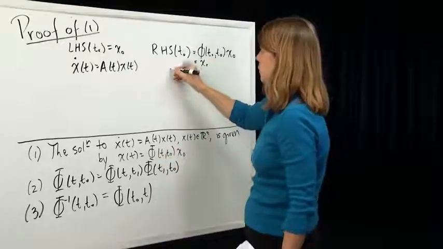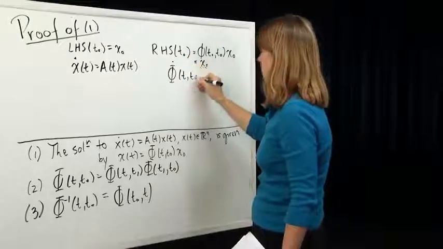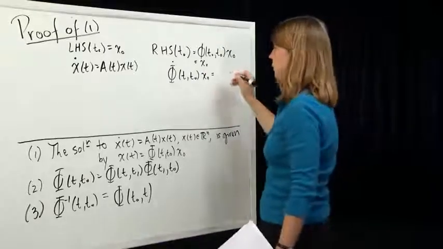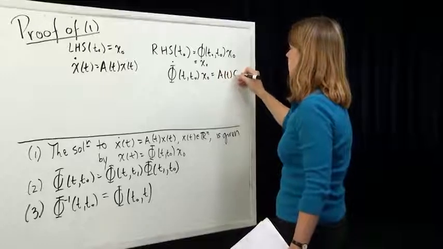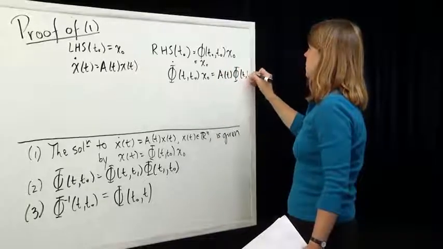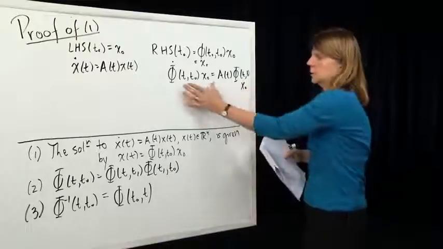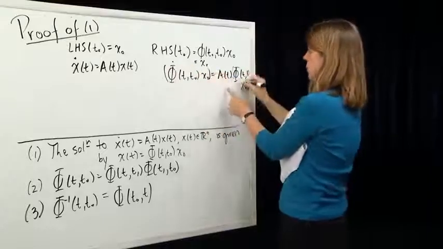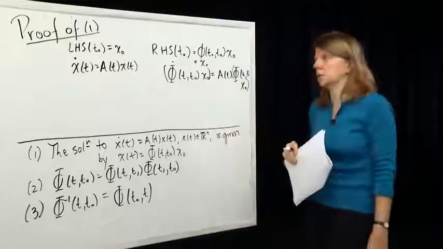So the right-hand side, phi dot of t, t0, x0 is equal to, by definition, A of t, phi of t, t0, and then we multiply that by x0. Okay, so that's the differential equation. The derivative of that function is A of t times that function. So it satisfies the same differential equation.